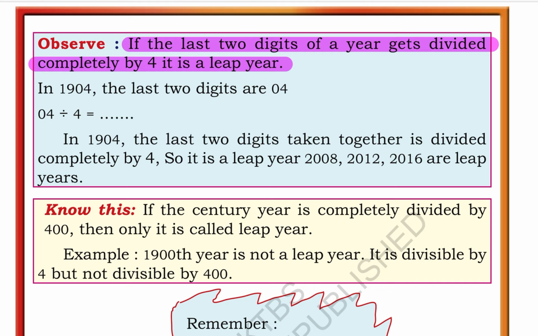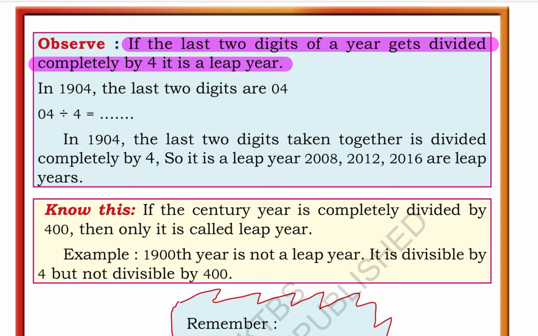In 1904, the last two digits are 04. 04 divided by 4 is equal to how much?